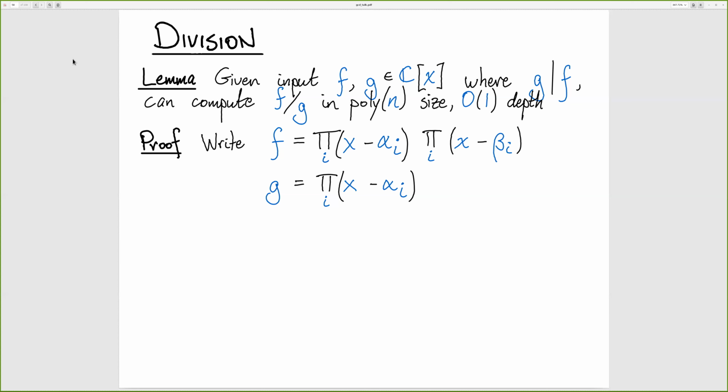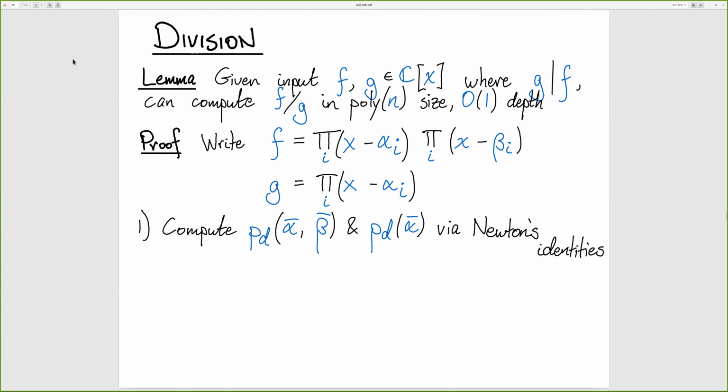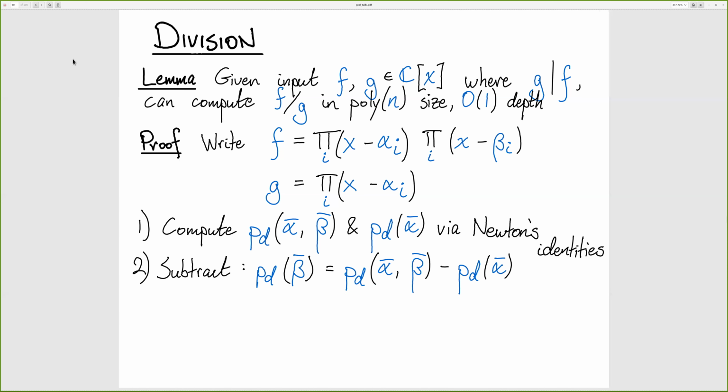So what do we do? Using these Newton identities in constant depth, I can compute the power sums of alpha and beta together. This comes from the coefficients of f. And again, in constant depth, you can compute the power sums of just the alphas. These are from the coefficients of g. Now, you use subtraction.